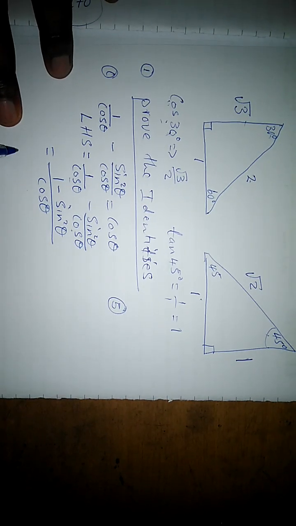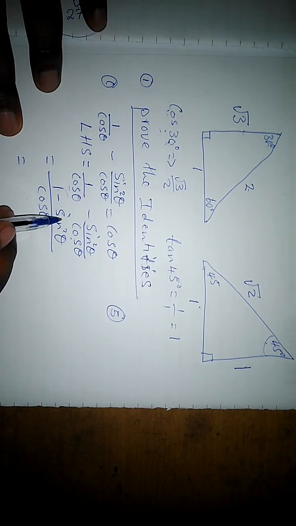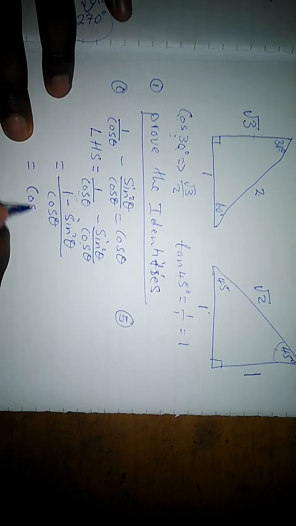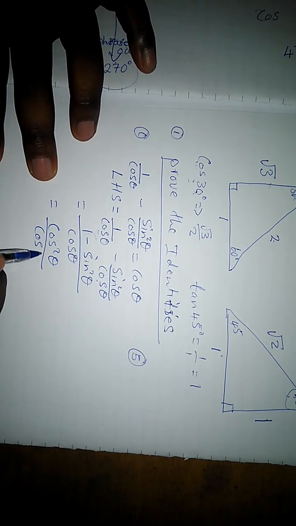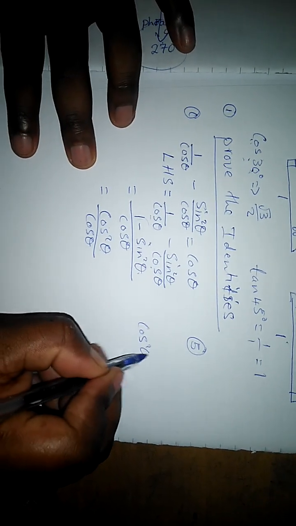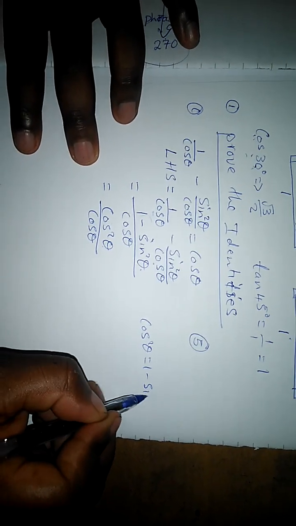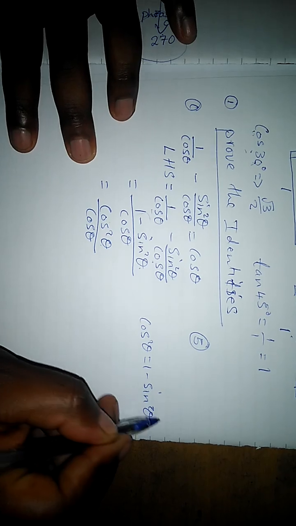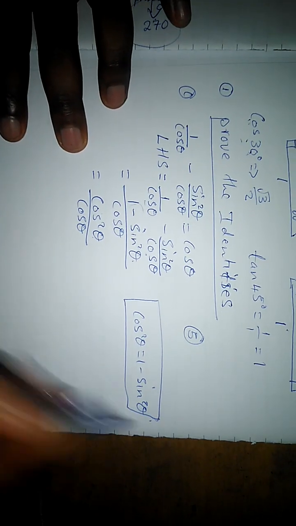So since this is what I'm having, then what is this equal to? Remember my square identities. This is equal to cos squared of theta all over cos of theta. Why is this equal to this? Because cos squared of theta is equal to 1 minus sine squared of theta. We did these ones, remember.